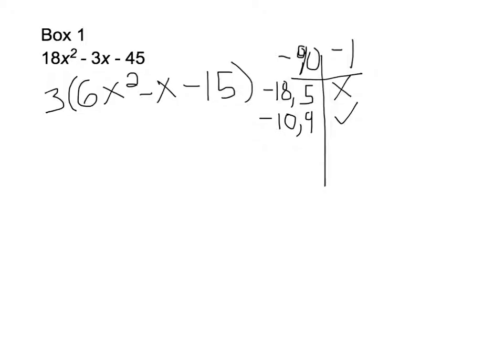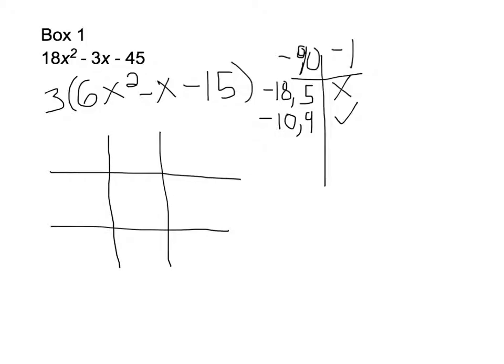We're going to make a tic-tac-toe square right here. I'm going to put 6x squared in the middle, and I'm going to put negative 15 in the bottom right hand corner.